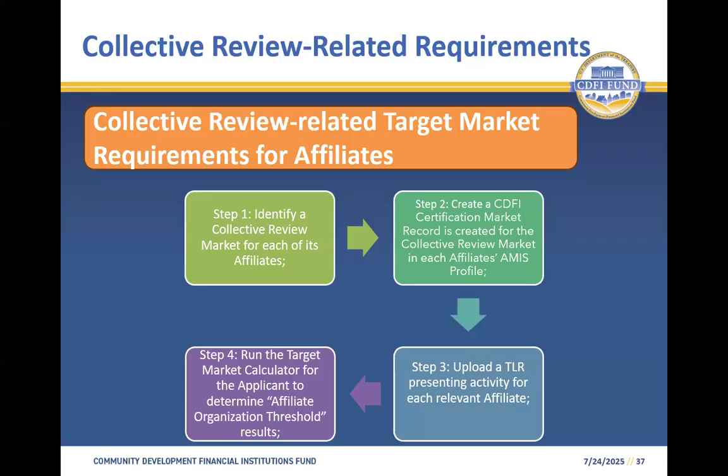Step 3, you upload a TLR presenting activity for each relevant affiliate. And step 4, you run the target market calculator for the applicant, and that would be connected to all the relevant affiliates to determine something called the affiliate organization threshold.